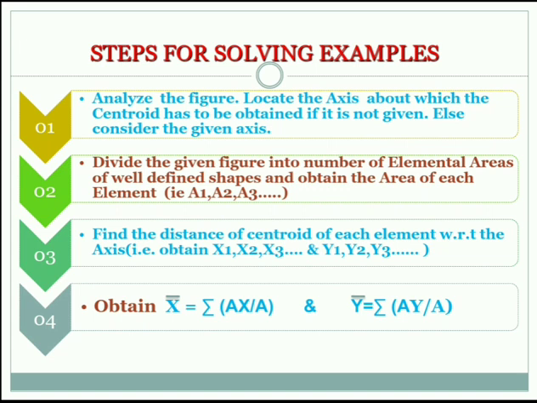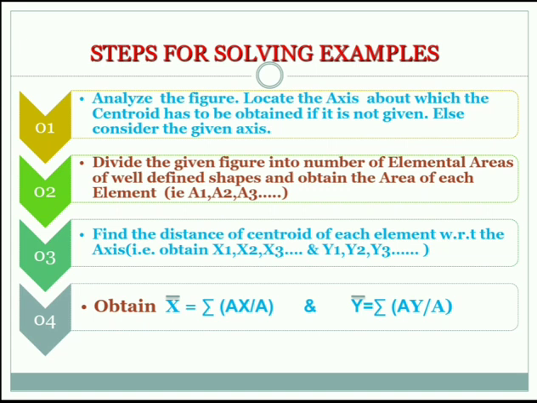So these are the 4 steps which have to be followed for obtaining the solution. First step, analyze the figure and locate the axis if not given. Second step, divide your figure into well-defined elemental areas and find the areas. Third step, obtain the centroidal distance of each elemental area with respect to the reference axis.